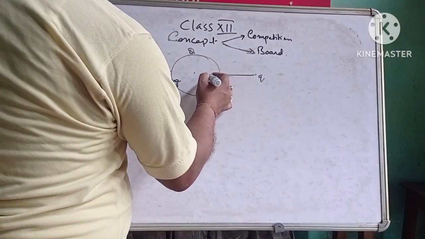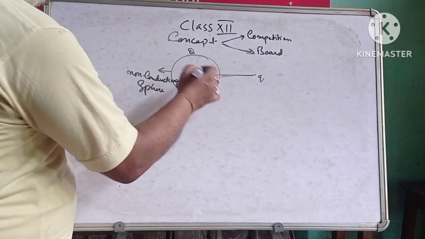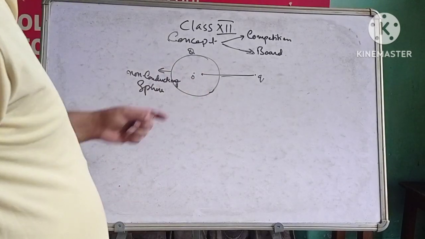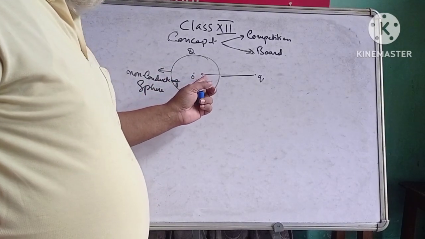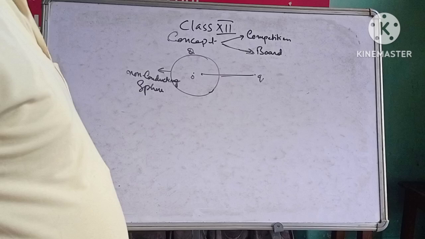This is the center. What will be the final velocity here?